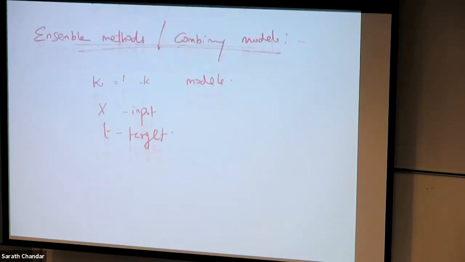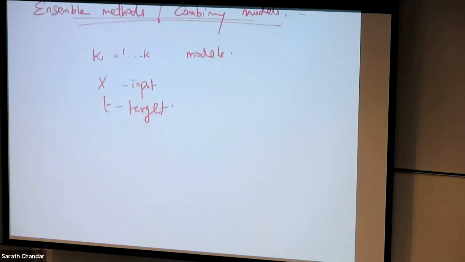Now, if you remember, usually we would estimate p of t given x, right? Now we have k different models, so we are going to have k different predictions, so we are going to condition based on the model number.